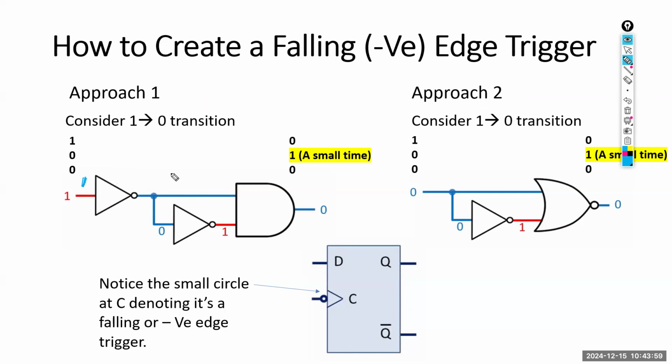Now this is 1, this is 1. 1 becomes 0, 0 becomes 1, 1 and 1 is 1. Now you make your input from 1 to 0. So let's assume this is 0. Okay, 1 to 0.